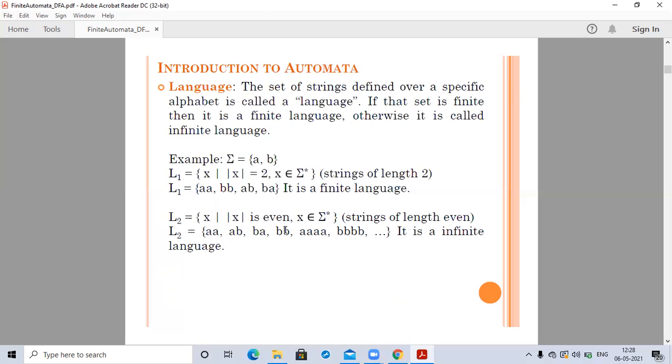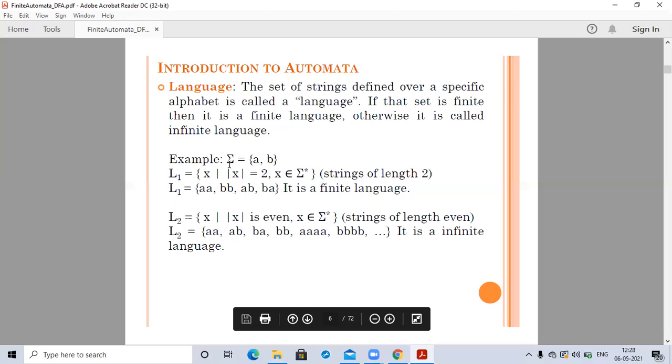If we have a specific alphabet sigma as {a, b}, then the set of all strings defined over a, b is called the language for that alphabet. If that set is finite, we say it is a finite language. Otherwise, if the defined set is not finite, it is called an infinite language.